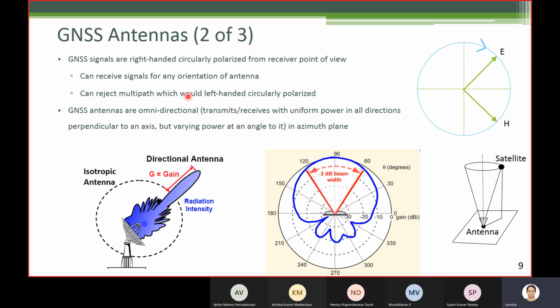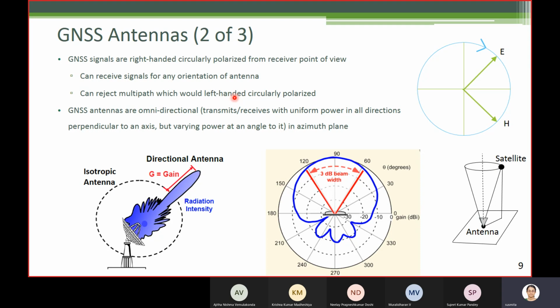Now the antenna is designed to receive RHCP signals. So whenever it experiences an LHCP signal, it rejects it. By design, it will not consider that. So this way, you can reject multipath. But if the signal is reflected twice, then again it becomes RHCP and reaches the antenna.